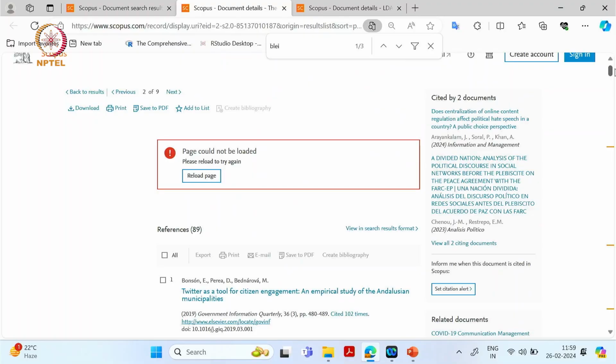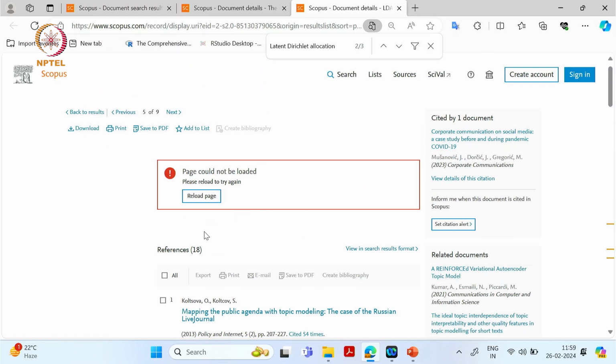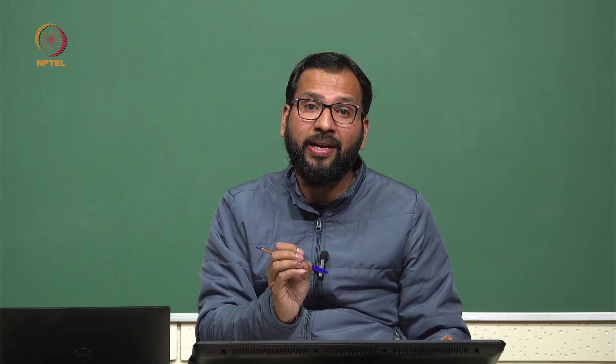We haven't analyzed all the references of the first and second documents. Also, we can say that this particular document has 89 references and this other document has 18 references. So the bibliographic coupling strength of these two documents will not be higher than 18. The maximum it can be is if all those 18 references of the second document are also in the first document.